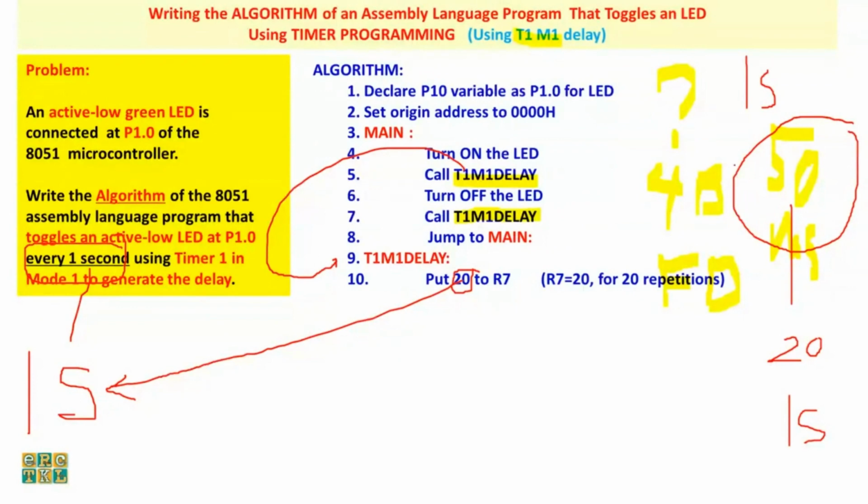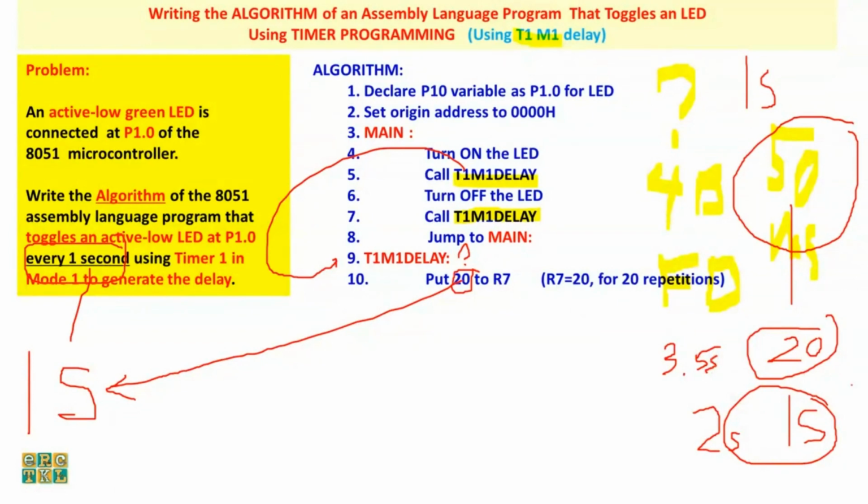Let's say I ask you 2 seconds. What number will you put here? 200? No. Again. 20 is 1 second. How about 2 seconds? 40. Oh, you see? Is it easy or difficult? What if I give you something more difficult? 3.5 seconds. What number will you put? 20?